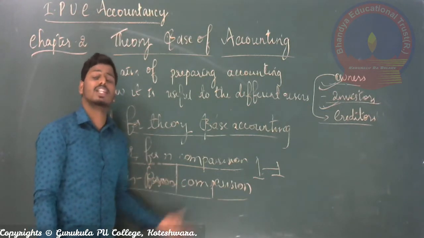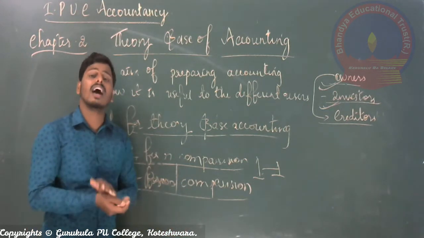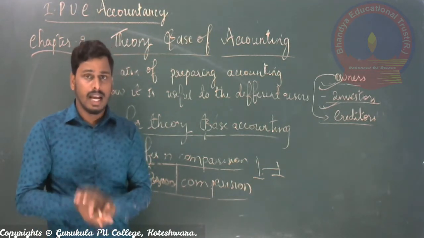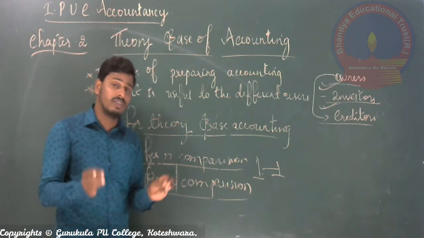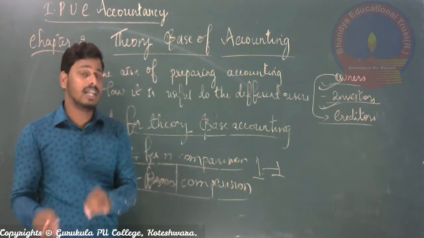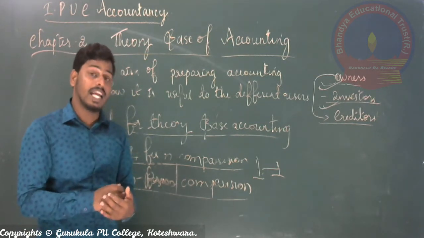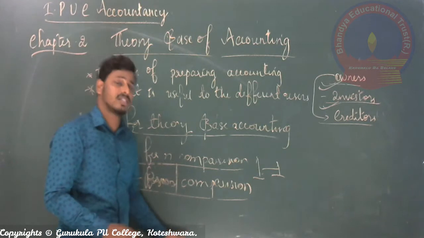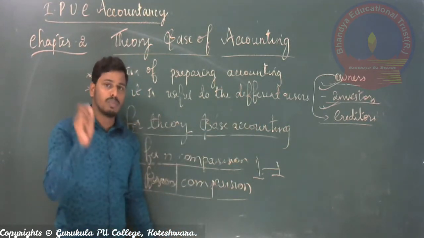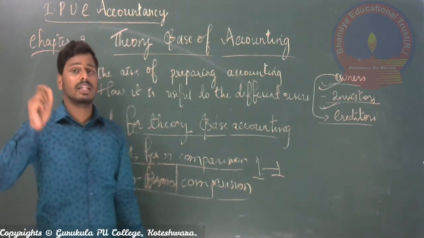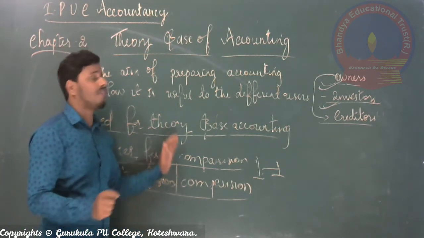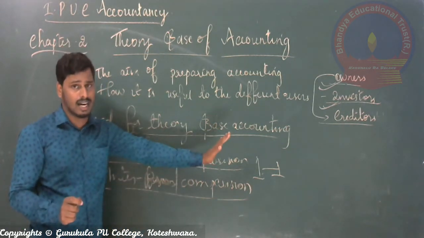These two comparisons can be made by the different users only if there is a similarity, consistency or uniformity between the accounting information of our company and another company, and between the present year and the previous year. So for that reason, to maintain uniformity, consistency as well as some reliability, a theory base of accounting is needed for accounting transactions.